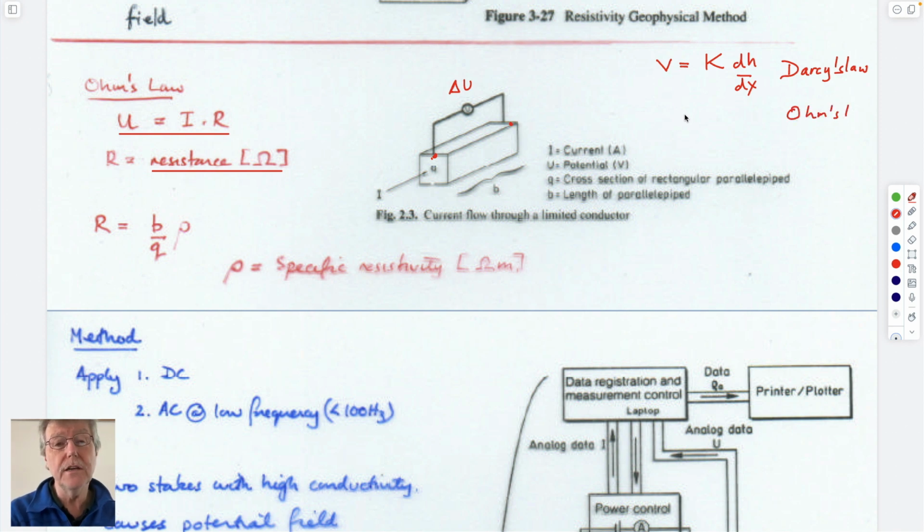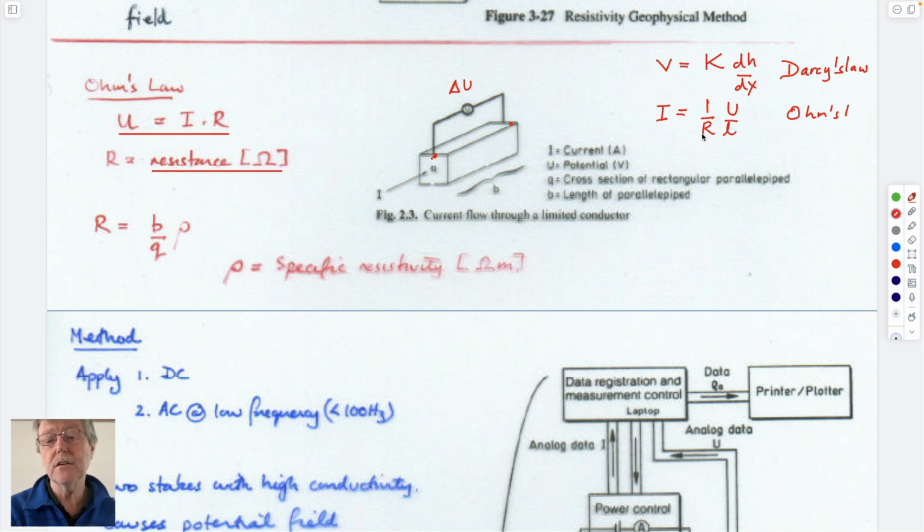So Ohm's law is, again, I equals 1 over R times U over the length that it's applied. And how is it going to be?